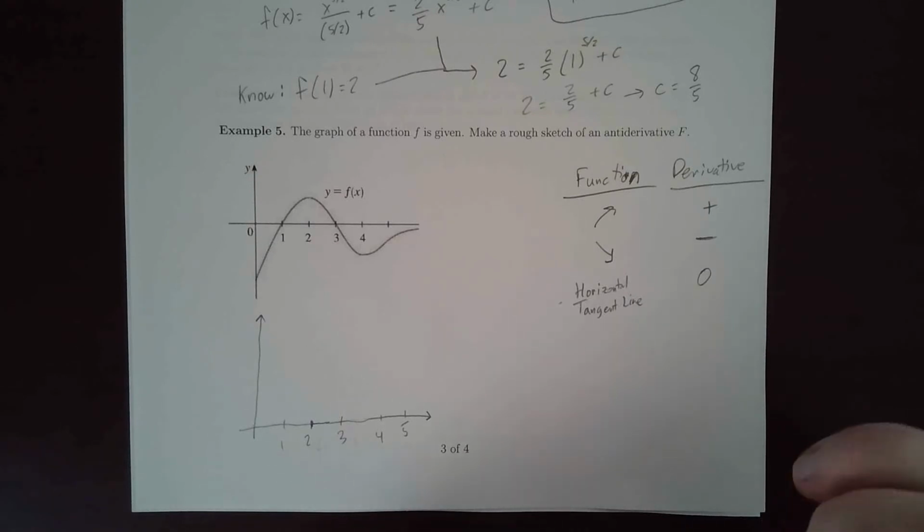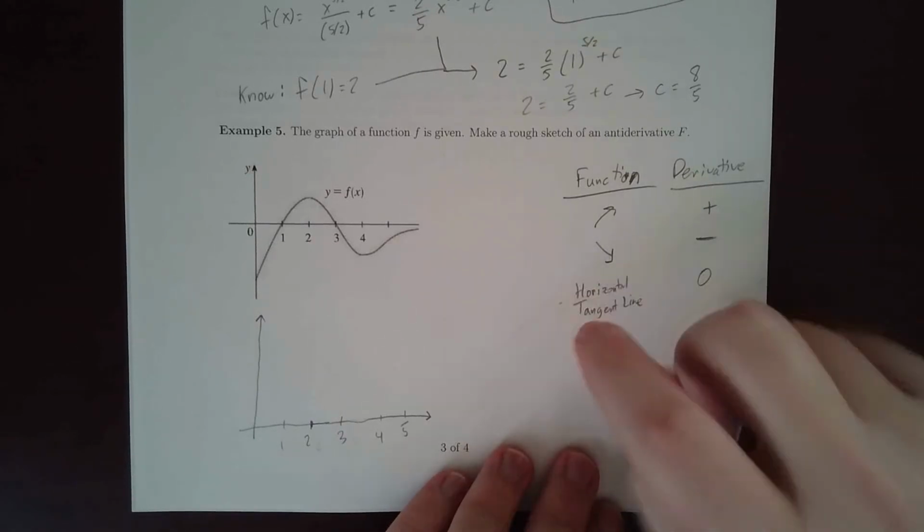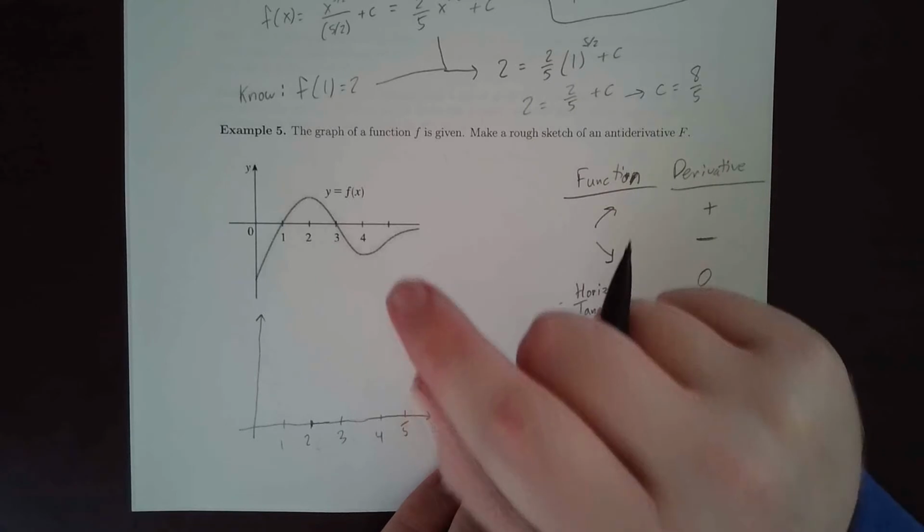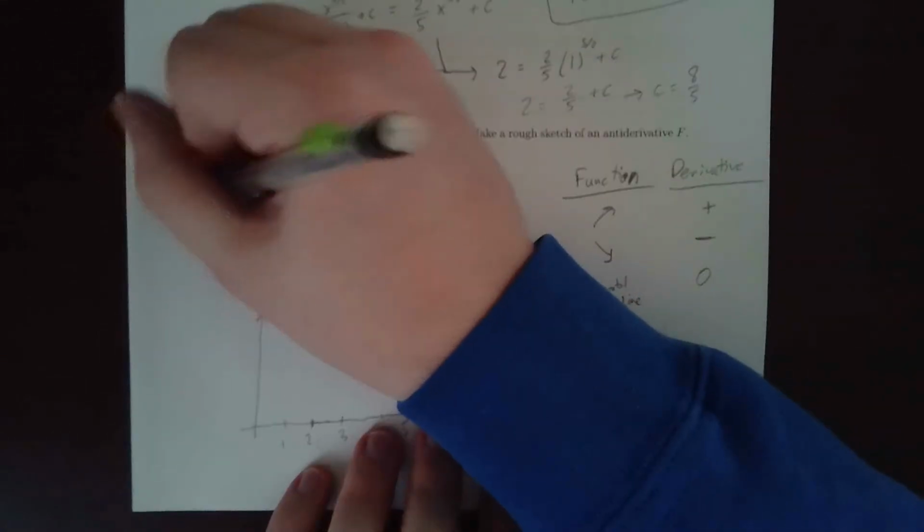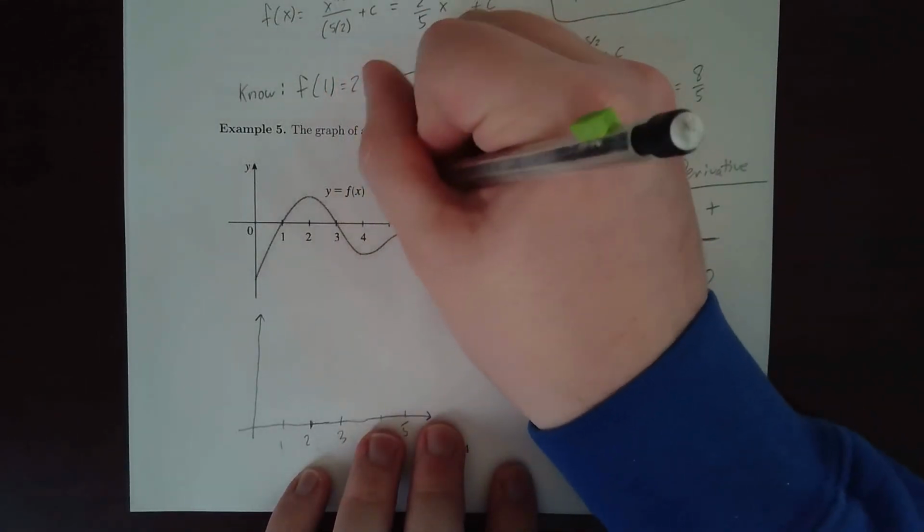So what does that mean for us? Well, what it means is that we have the graph of the derivative. So this is the derivative.